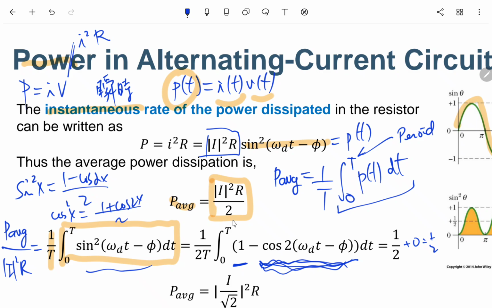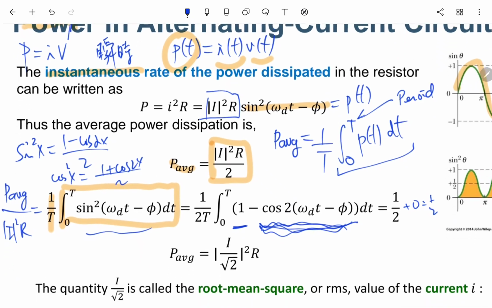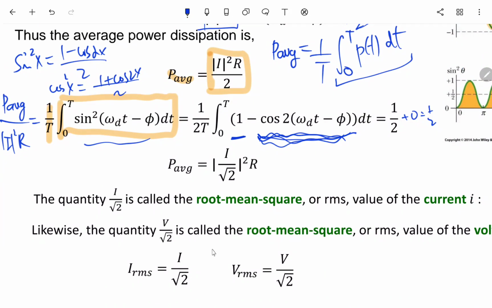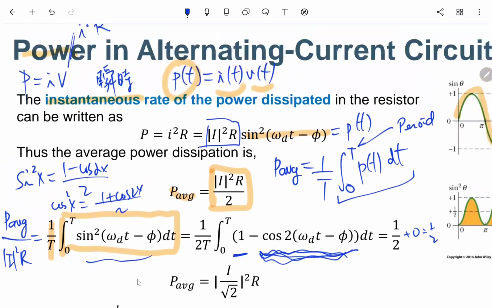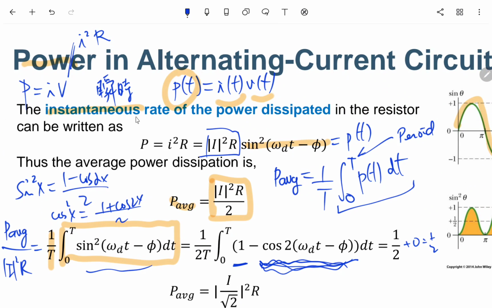Okay, so if we don't define something called the root mean square value, then sometimes we need to know, oh, this is for DC, we don't have this 1/2 factor. And then for AC, we need to put this 1/2 factor. Then, okay, they don't like this. They don't like still the P with two different versions, one with 1/2, one without the 1/2.